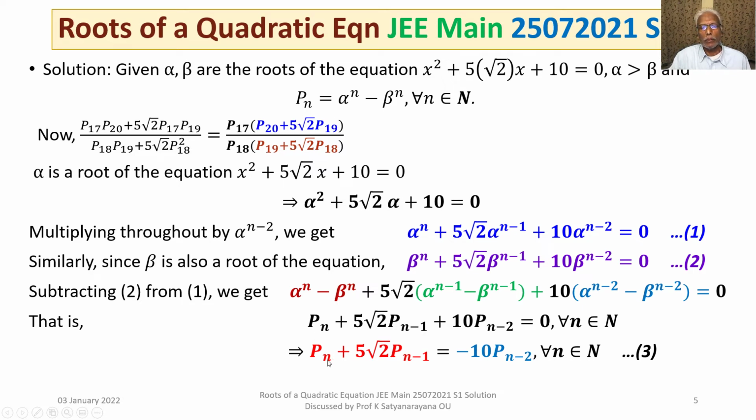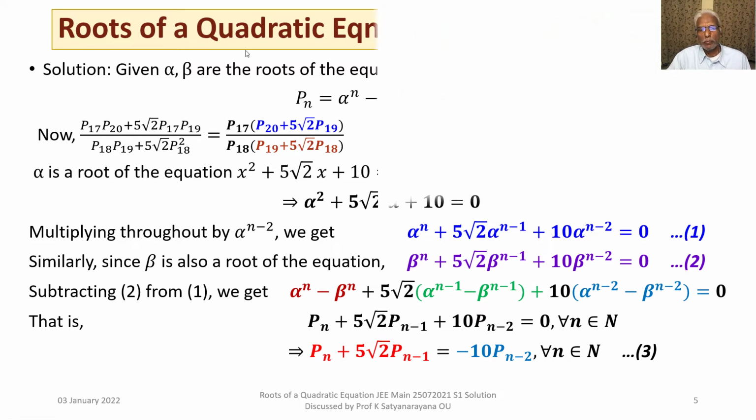So if n is equal to 20, you will get an answer from here, and in the denominator, when n is equal to 19, we will get an answer from here. So those things we substitute here and try to get simplification.